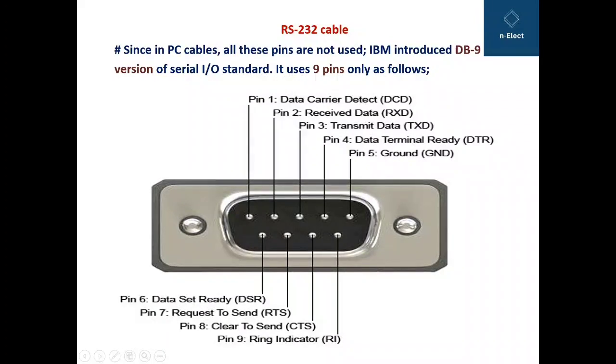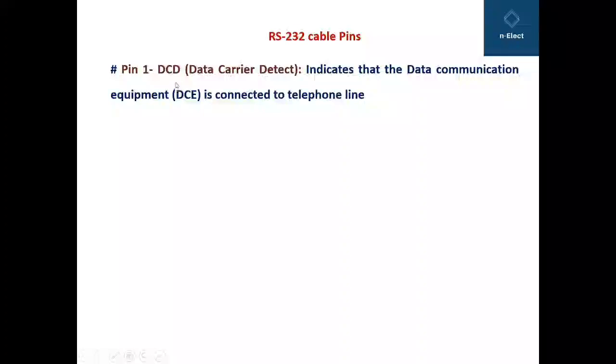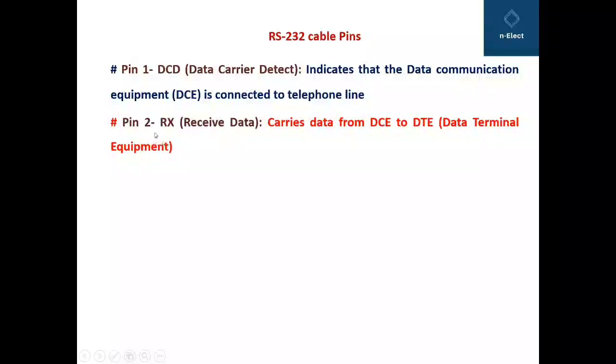Now we will see the pin details of this DB9 version. Pin 1, DCD, data carrier detect, indicates that the data communication equipment is connected to the telephone line, much like a modem getting connected to a telephone line. Pin 2, RX, the receive data pin, carries data from the data communication equipment to the data terminal equipment.